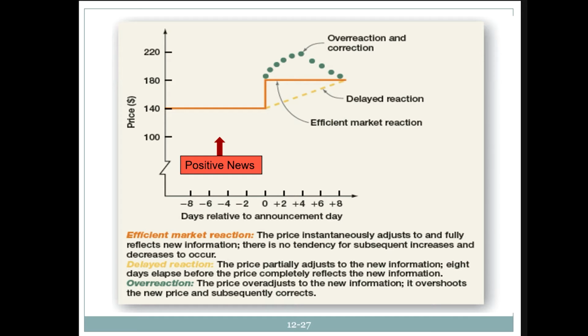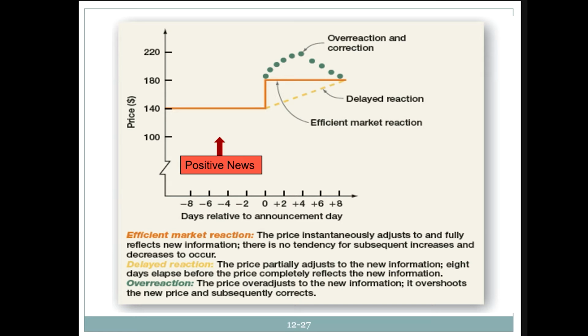This graph shows the price on the y-axis and the days relative to some positive announcement, some positive information about the value of the company. It starts 8 days before this positive announcement and goes to 0, which is the day of the announcement, and then 8 days after the announcement.